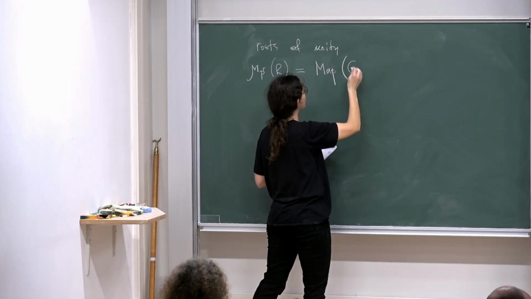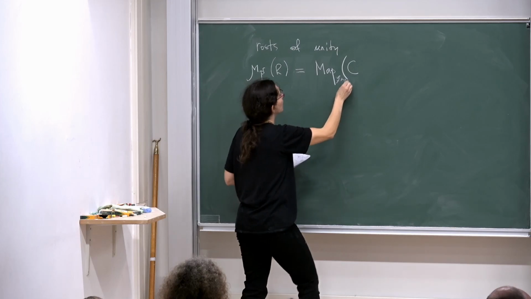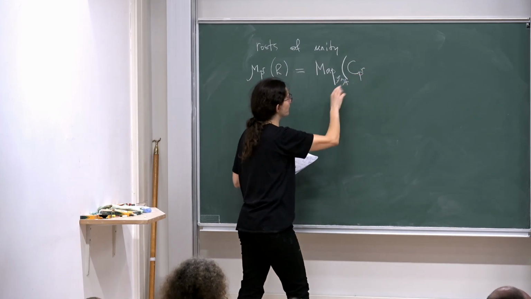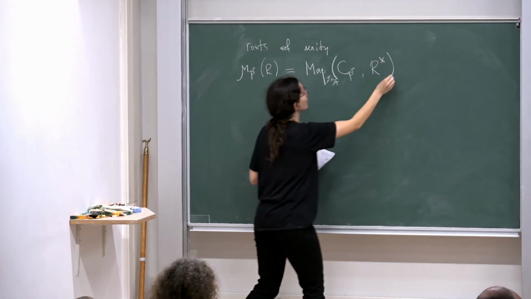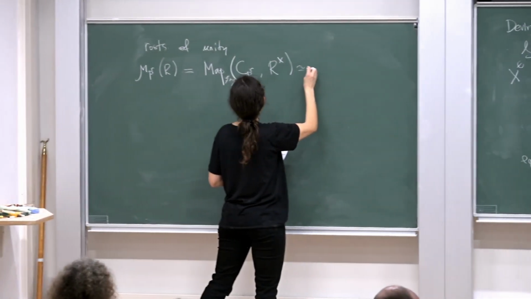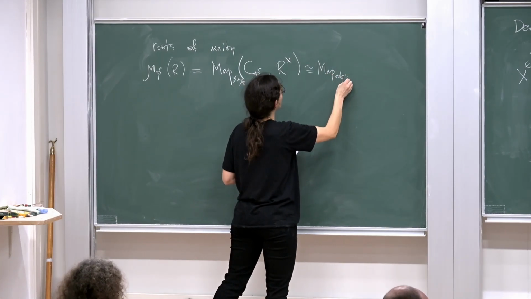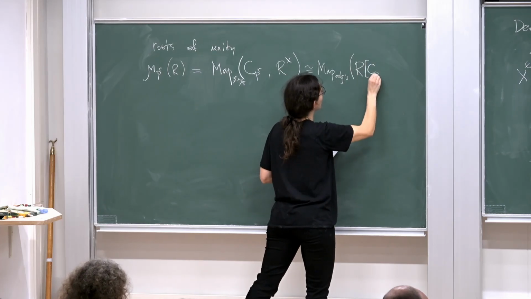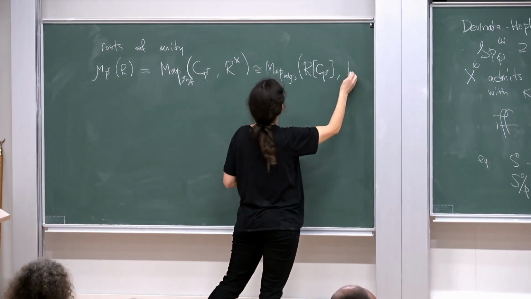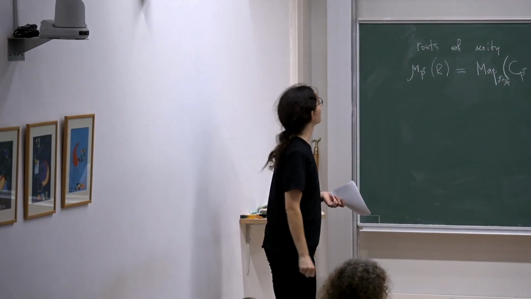Literally, it's the maps in groups: we try to map C_{p^r} into the units of R. And if we want, we can rewrite this as maps in algebras from the group ring of C_{p^r} to R. There's an adjunction that makes that happen.